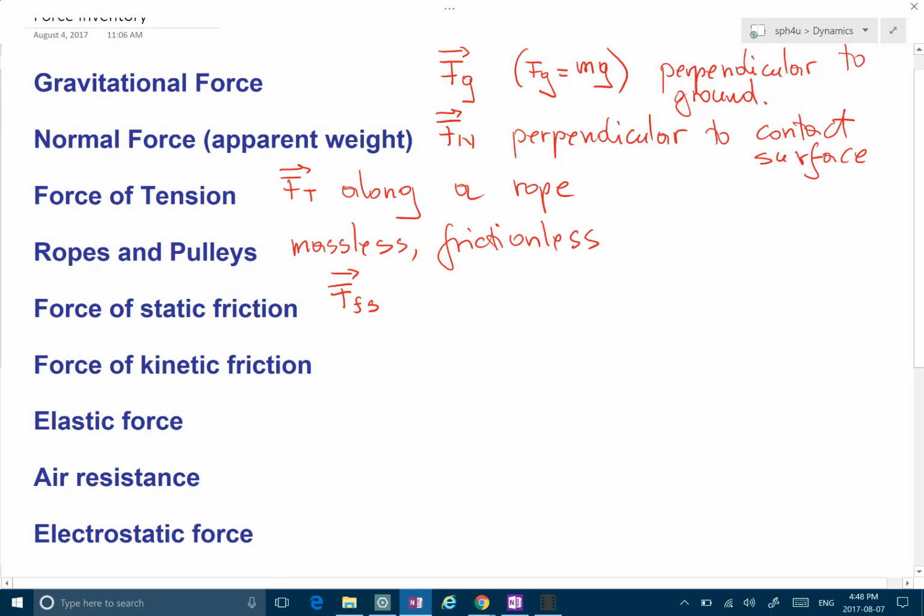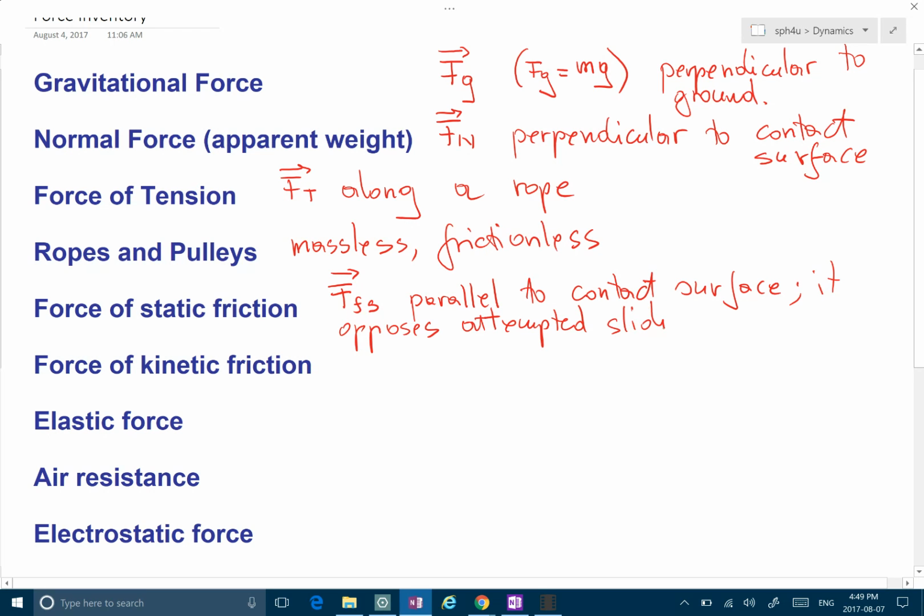The static friction is parallel to contact surface, and it opposes attempted motion. It opposes not an actual motion, but attempted. And actually, not just any motion, but sliding motion. That's the one we're going to deal with. So again, it's parallel to contact surface, and it opposes attempted sliding motion.